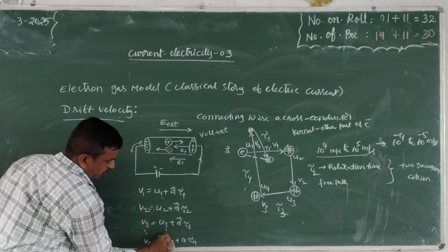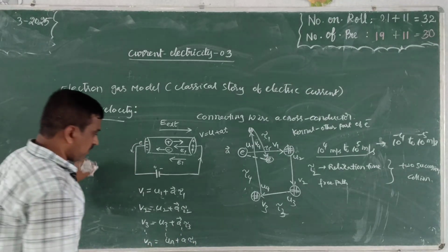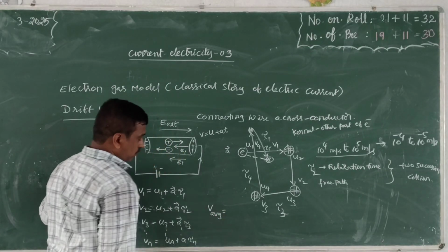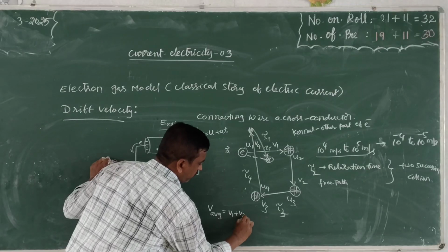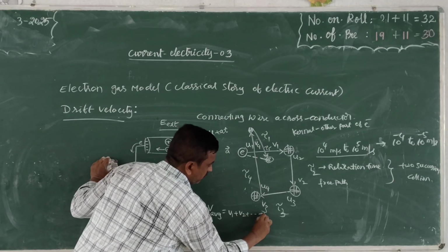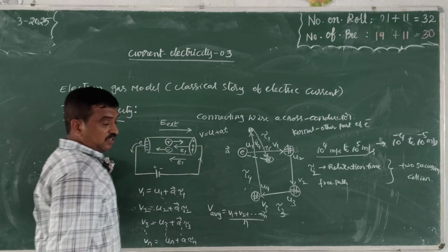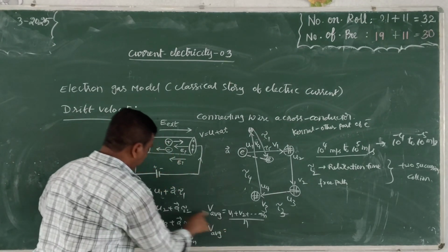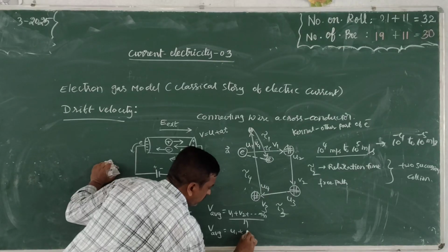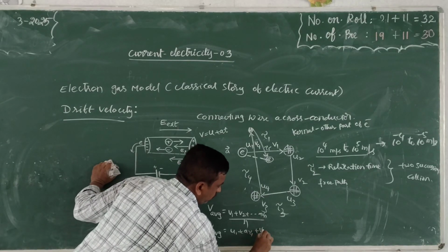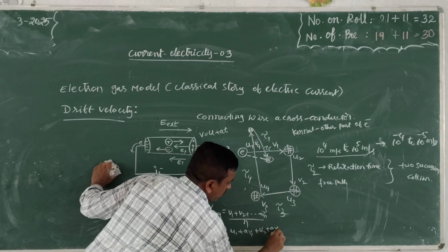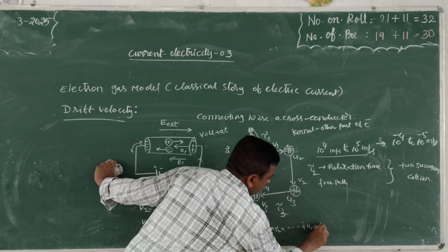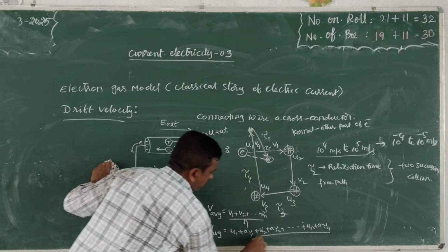See, all this added, we get the average velocity. V average equals v1 plus v2 plus so on vn, by n. Here v average equals v1 means u1 plus a tau 1, v2 means u2 plus a tau 2, plus so on, un plus a tau n, by n.